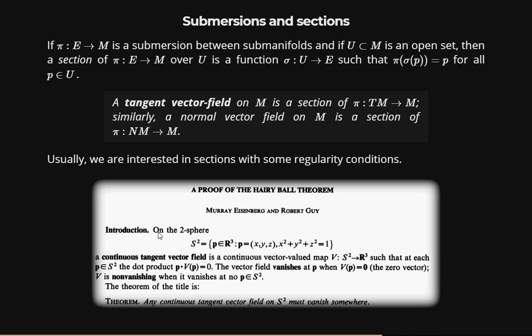If for every point of the sphere you pick a tangent vector in a continuous way, at some point it doesn't work. You have to put something to zero. You cannot have a non-zero tangent vector at every point of the two sphere. And this is called the Hairy-Ball theorem. So any continuous tangent vector field on S2 must vanish somewhere. That's the bottom line.